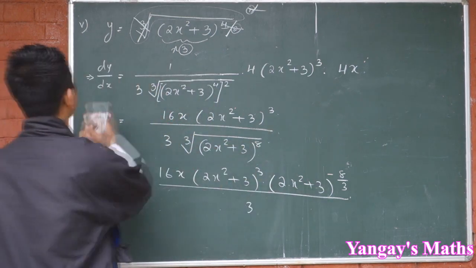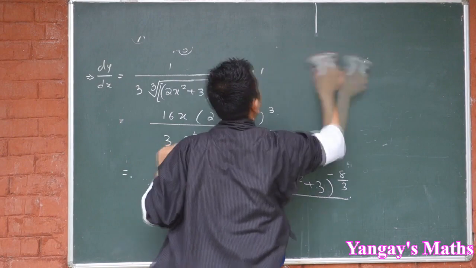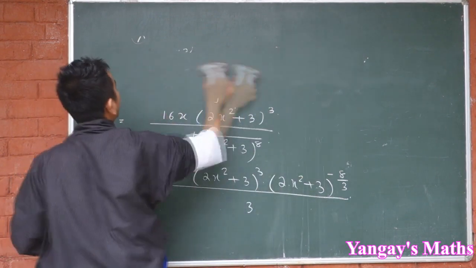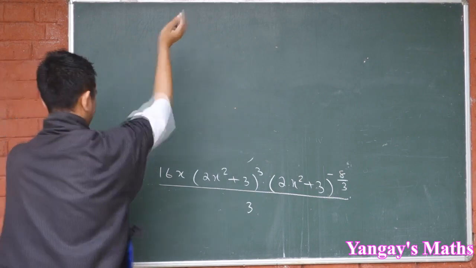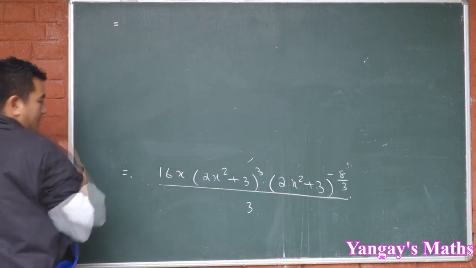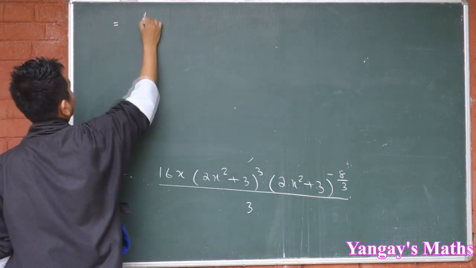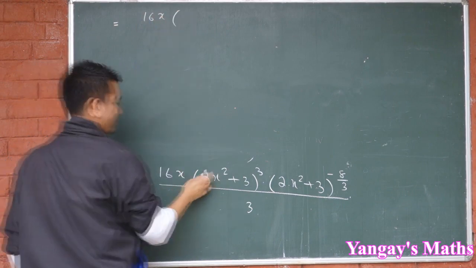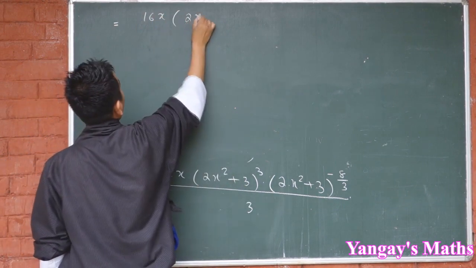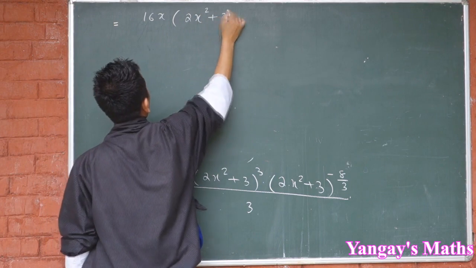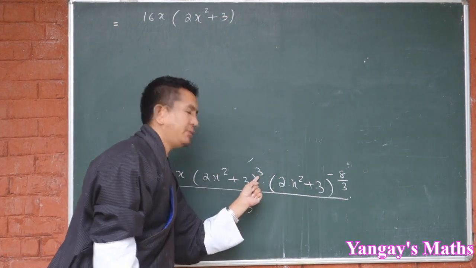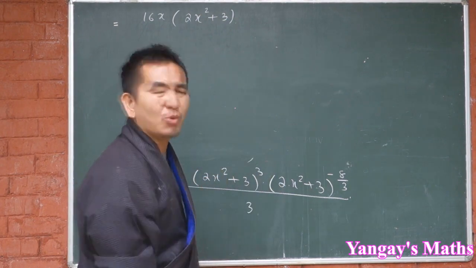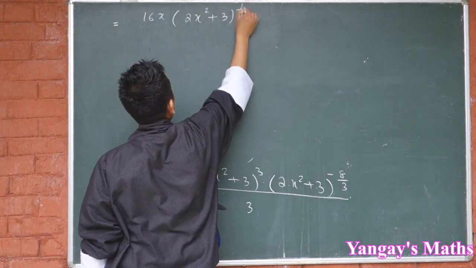Then we have now, which is this equivalent to 16x times, what will this be? 2x squared plus 3. We know we have the same base, add the powers. 3 times 3 becomes 9. 9 minus 8 is 1 by 3. 1 by 3.